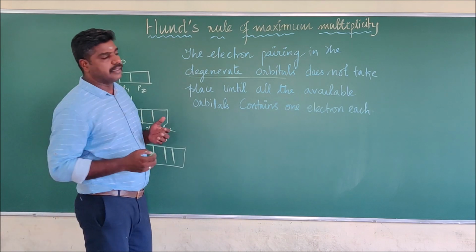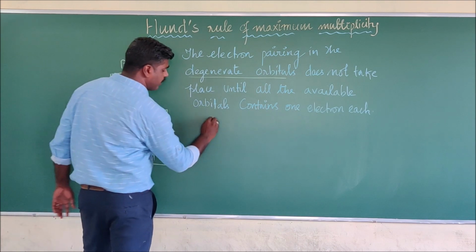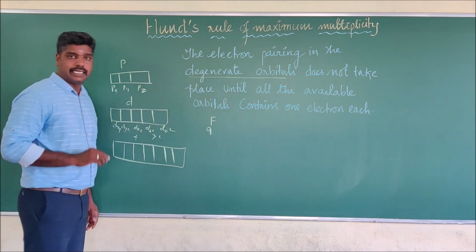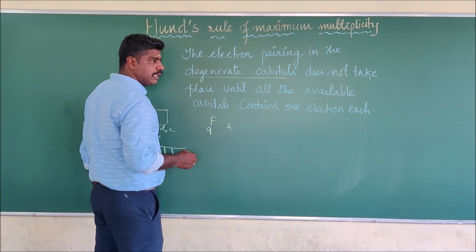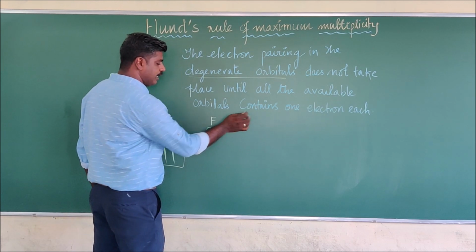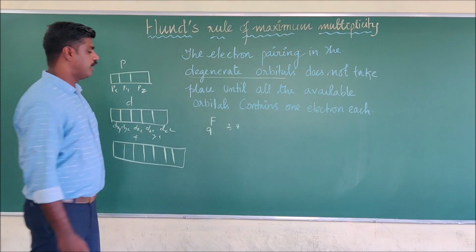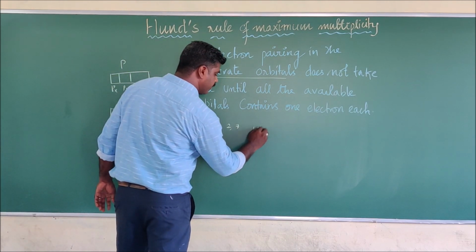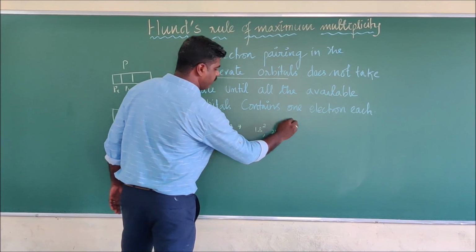Take fluorine, whose atomic number is 9. The first shell carries 2 electrons, the second shell carries 7 electrons: 2, 7. The electronic configuration is 1s2, 2s2, 2p5.